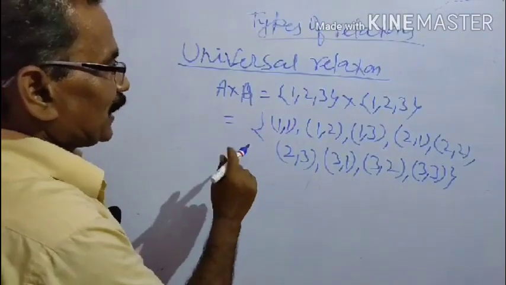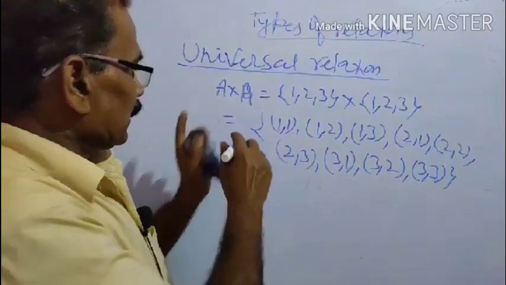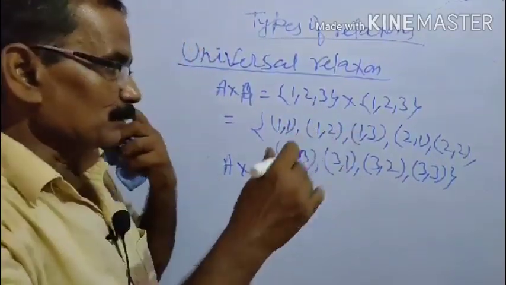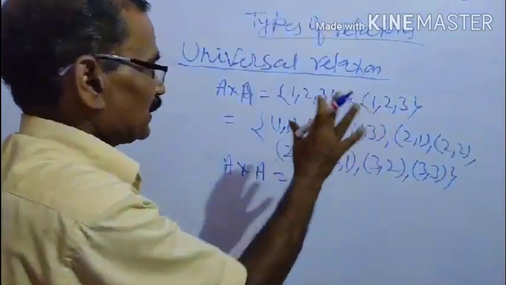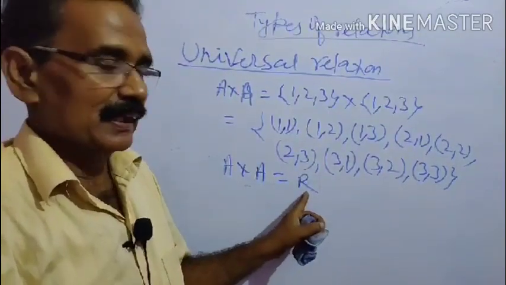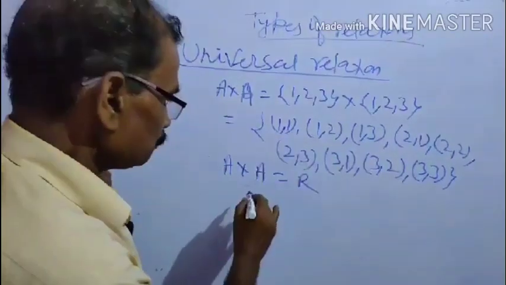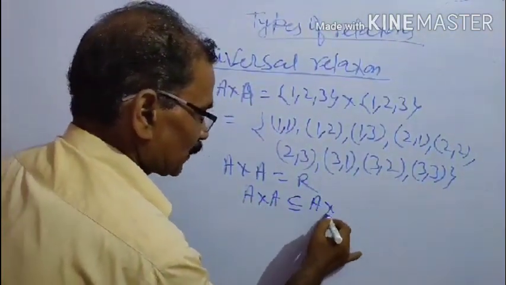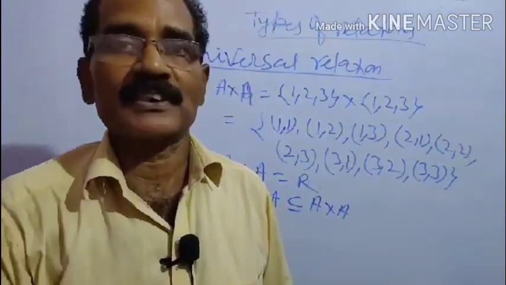Here we observe that if we take A cross A is equal to R, it means all the ordered pairs, if we suppose as relation, then we can write A cross A is equal to R, because A cross A is a subset of A cross A, because every set is a subset of itself.